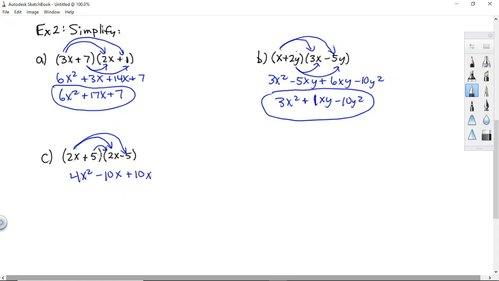And then write this one down here. 5 times negative 5 is minus 25. Okay, and then we have middle terms to combine. So we have 4x squared. Negative 10x plus 10x, well, that goes away. That's 0. So that's it.